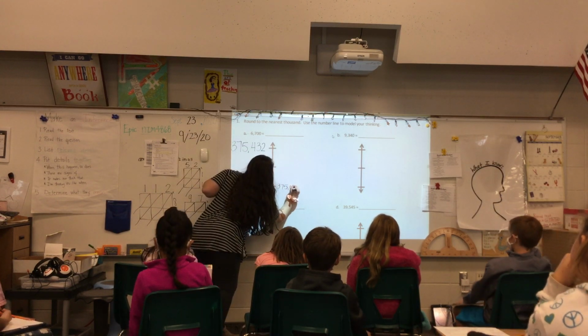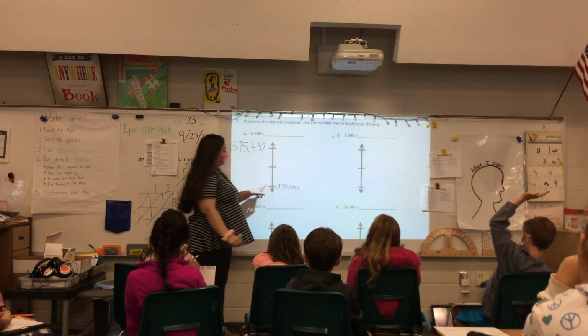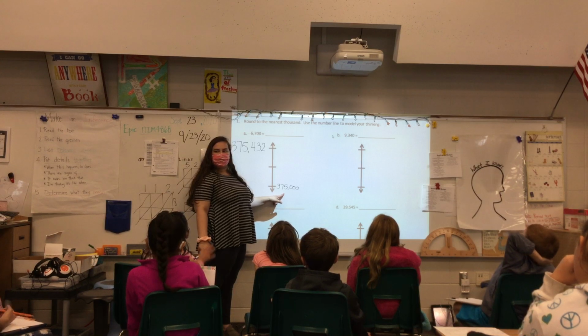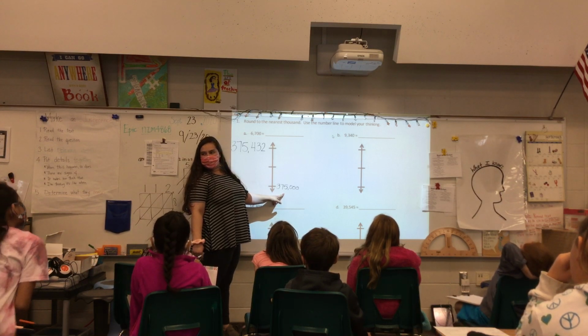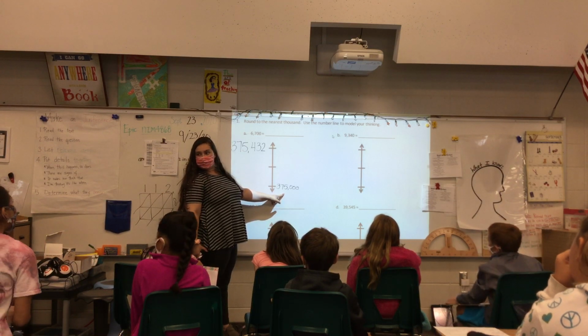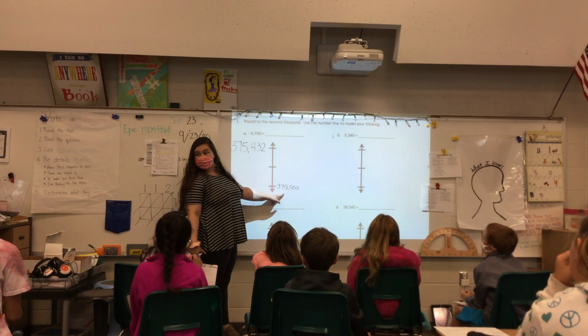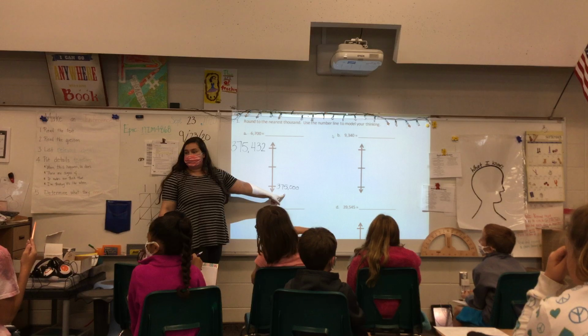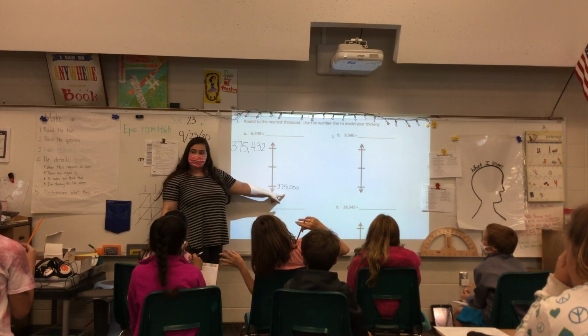I do not want you to write a box in the middle of the paper and then write another like that. This is wrong. I do not want it to look like this.